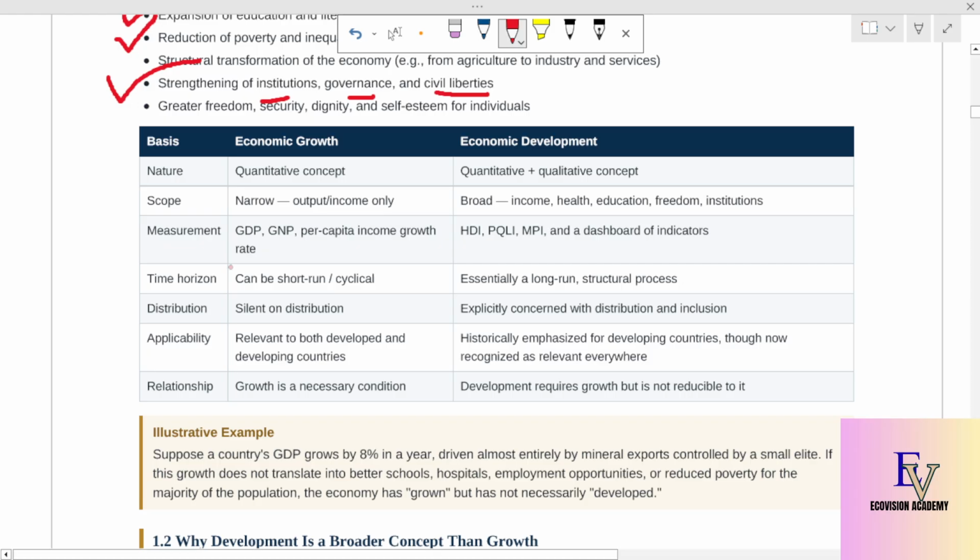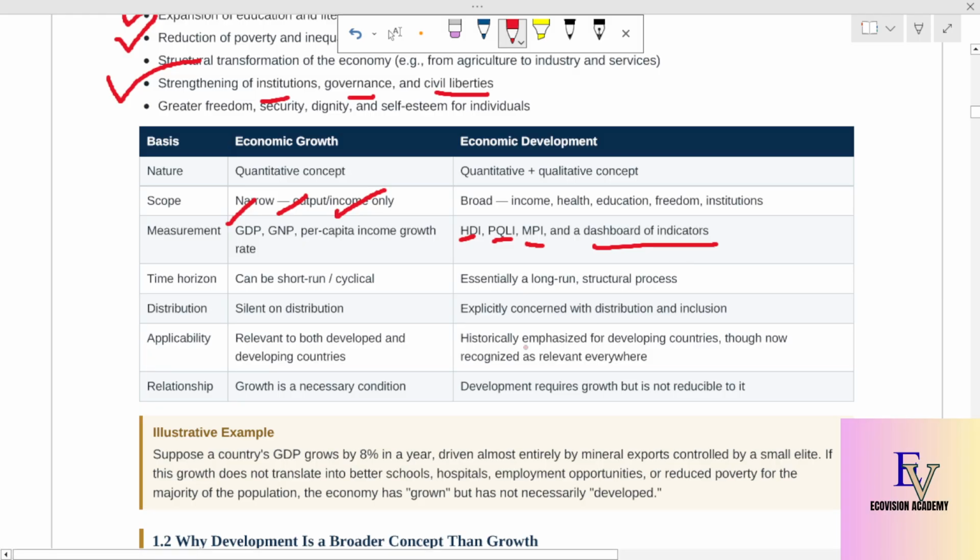And we can measure economic growth through GDP, GNP, per capita income. And then finally, for economic development, we can measure with the human development index, PQLI, which means physical quality of life index, or MPI, or some types of dashboard of indicators. Nowadays we can measure a country's happiness index; there are many types of index by which we can measure a country's economic development.